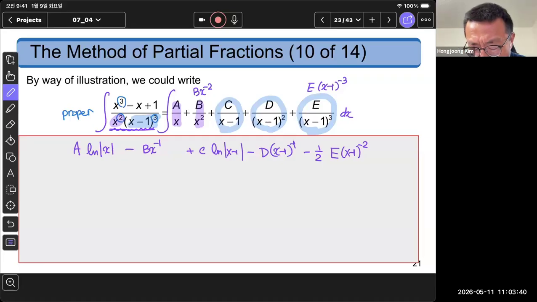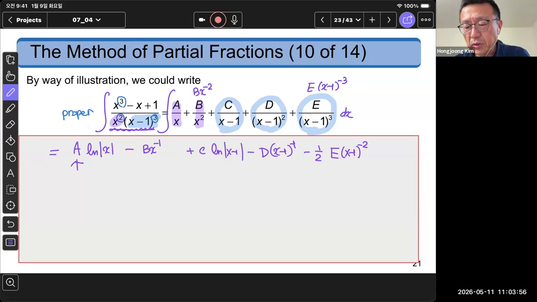So this will be your result, right? So your task will probably be to identify these numbers A, B, C, D, and E, and then do the math, right? So this is how you integrate the second type.